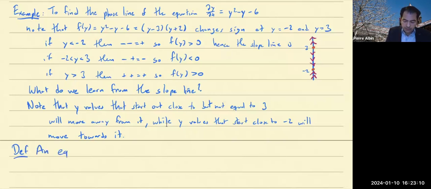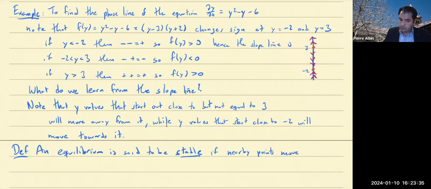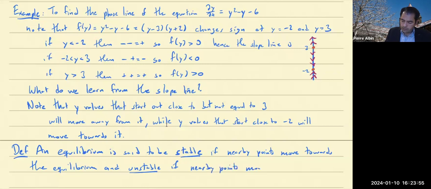So an equilibrium is said to be stable if nearby points move towards the equilibrium, and unstable if nearby points move away from it.